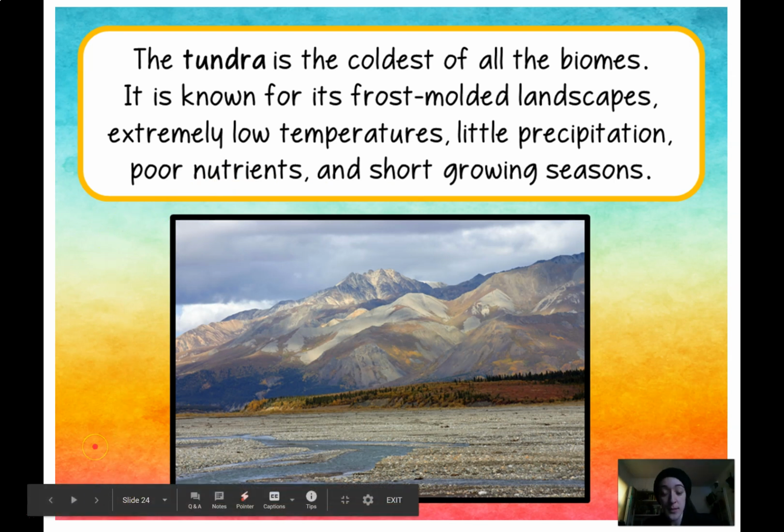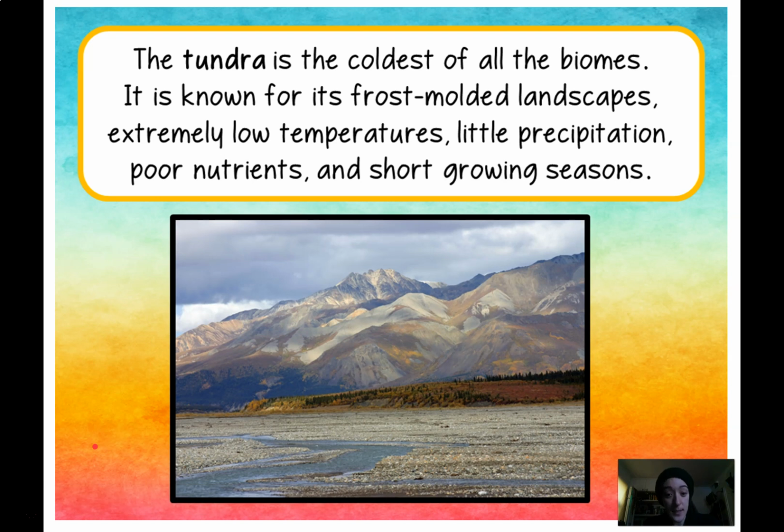Okay, so another way to think of the tundra is the frozen desert. The frozen desert. It gets just about as much precipitation as a desert, which is not very much, right? Very, very little each year. Less than 10 inches of precipitation of rain and snow every year.